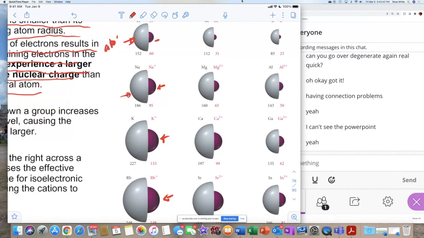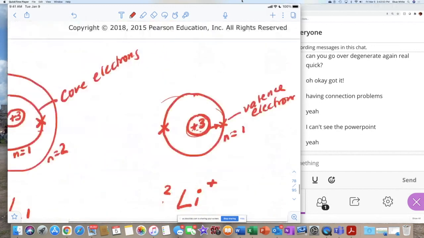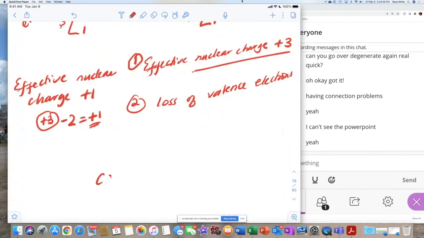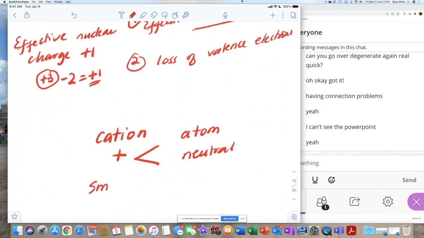So you have atom, ion. Bottom line, because ions are losing an electron energy level and then the suction power increases, the size of the ion is smaller. So I'm going to summarize this and say cations, which represent positive ions, are smaller than the atom. Remember, the atom is neutral. Cation is smaller. Atom is neutral, so this is relatively larger.